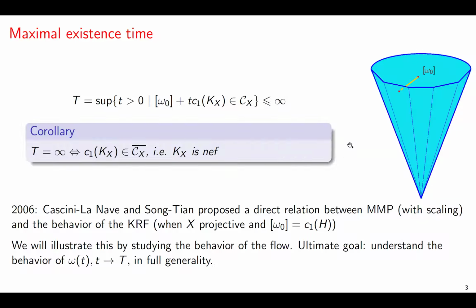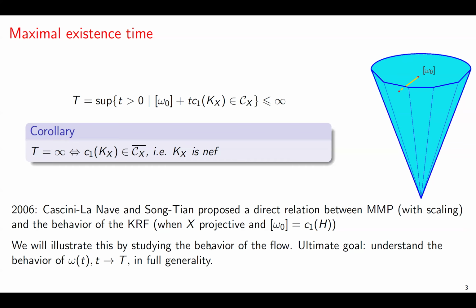So from the point of view of the Kähler-Ricci flow, you can say that the ultimate goal will be to understand the behavior of the evolving metrics as you approach this maximal time T in general. So for arbitrary X and arbitrary omega_0. This ultimate goal could also make sense in the much more general setting of closed compact Riemannian manifolds and Riemannian Ricci flow.